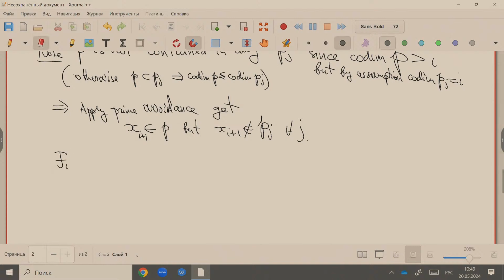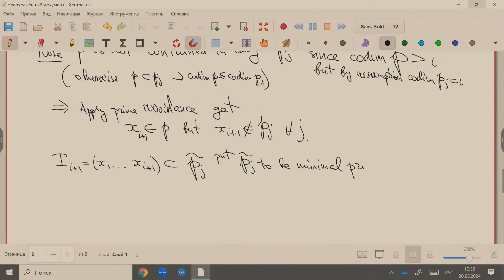J, so this x_{i+1}, so we have added the element, and we have taken, so put Pj tilde to be minimal prime ideals containing I plus x_{i+1}.